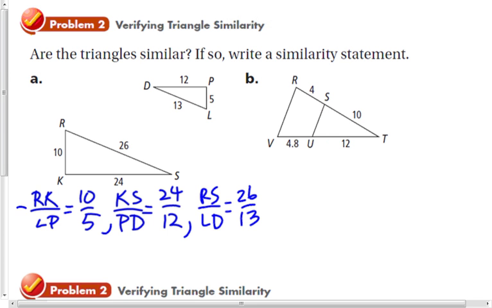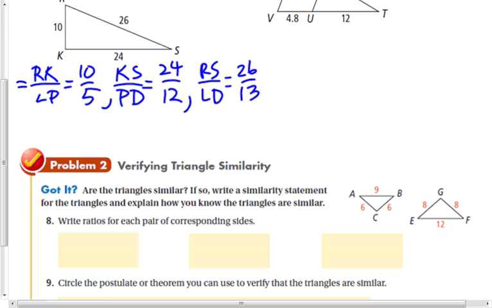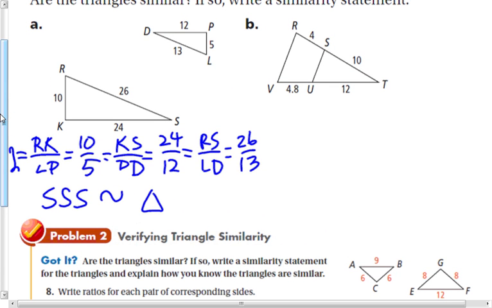Well, all of those are equal to 2. So according to the side-side-side similarity theorem, the triangles are similar. So triangle RKS is similar, sorry I keep using the word congruent, is similar to triangle LPD.